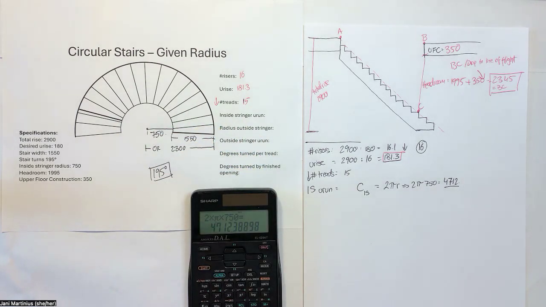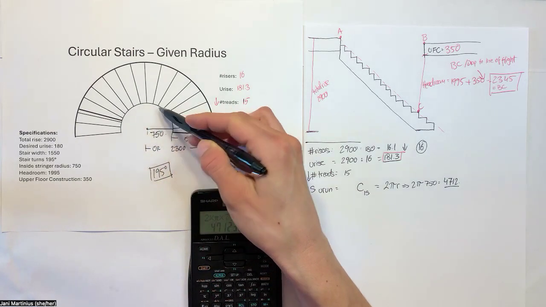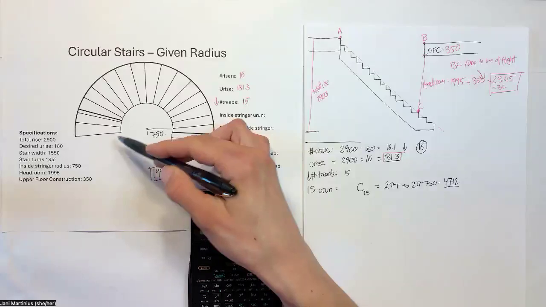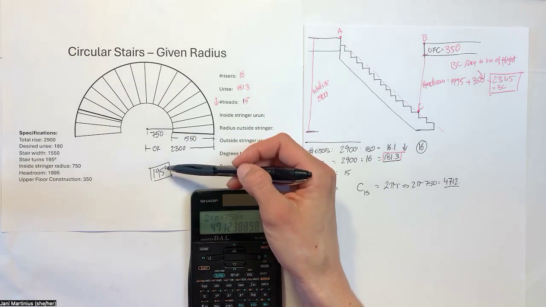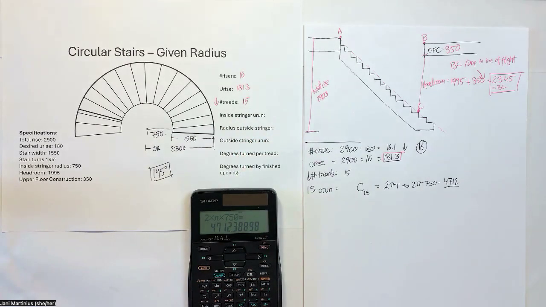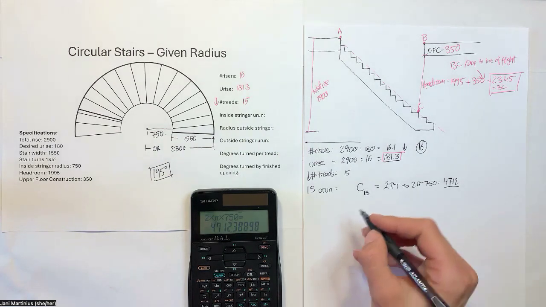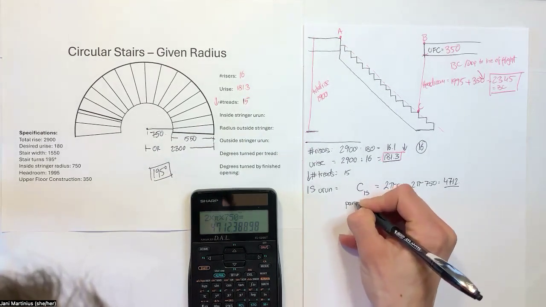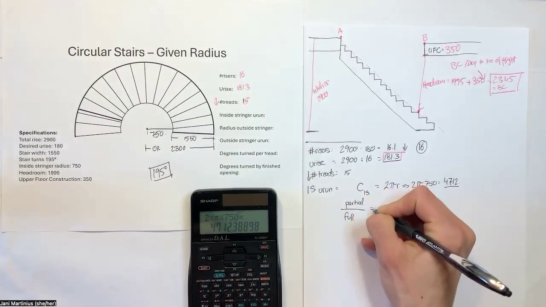Now if we want to find just the portion of the circle that is part of our stairs, we know that our stairs turn 195 degrees, and we know that a circle has 360 degrees. So we can do ratio and proportion, partial over full.